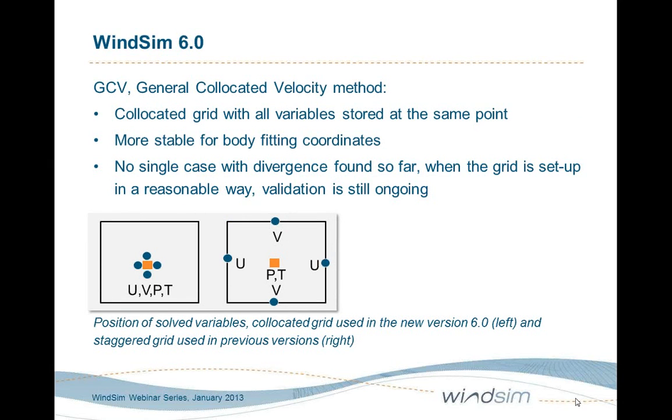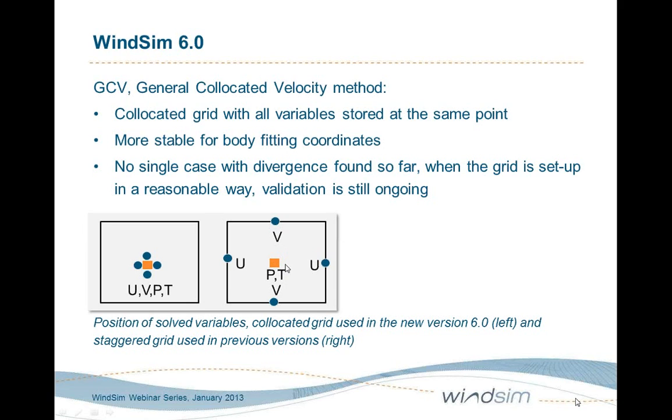The next improvement we have made for WindSim 6.0 is the so-called GCV, the General Collocated Velocity method. This is the way the gridding is done. When you have a look at the right-hand side, this is how variables are placed today in the numerical grid.